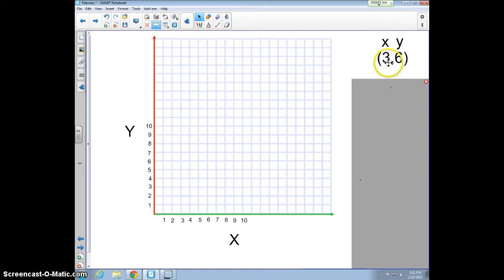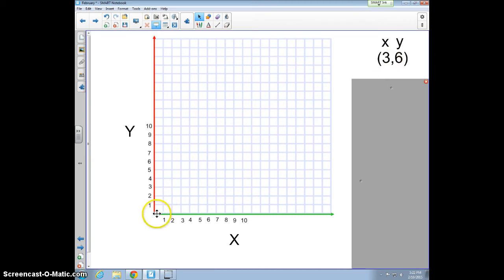So what does this mean? 3, 6. So 3 is an x, and 6 is a y. What that means is, remember, x is going on this axis here, the sideways one. So we're going to go over to the right 3.